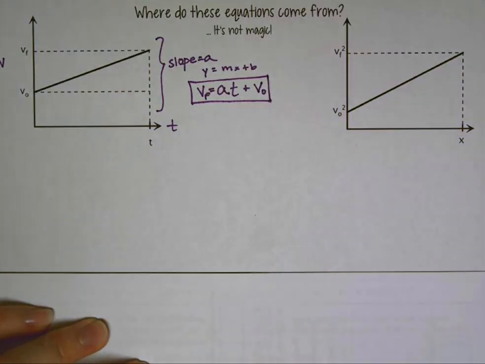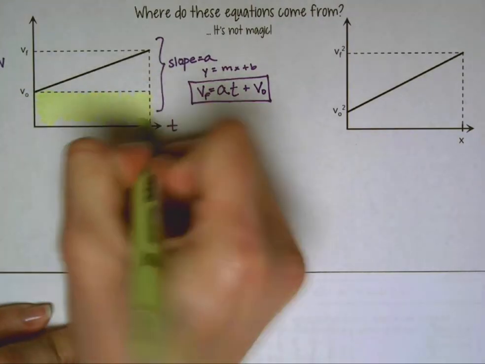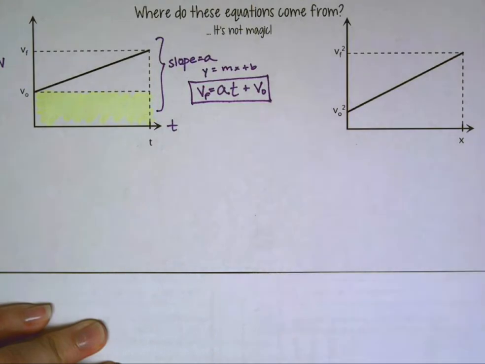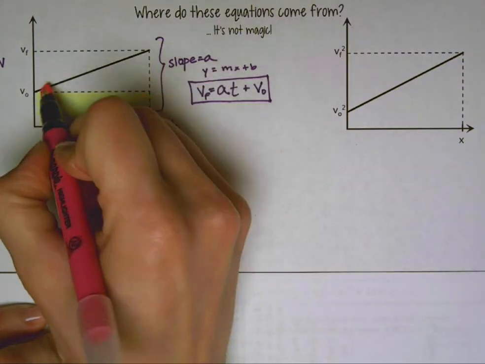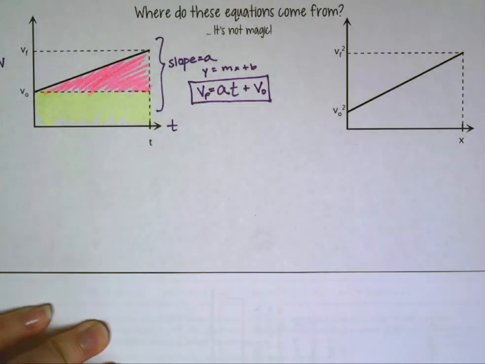But there are other ways to get more equations. If you remember, we have another method to get some meaningful values, which would be the area. I'm going to shade in the area under the graph in two different colors for a purposeful reason.